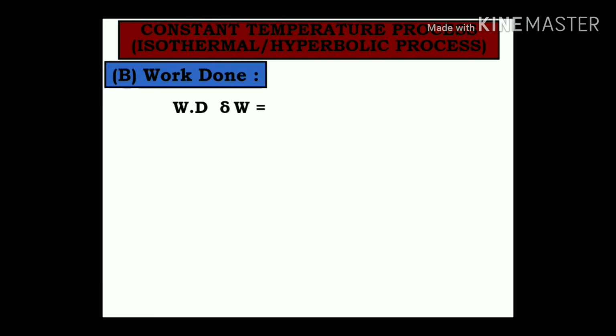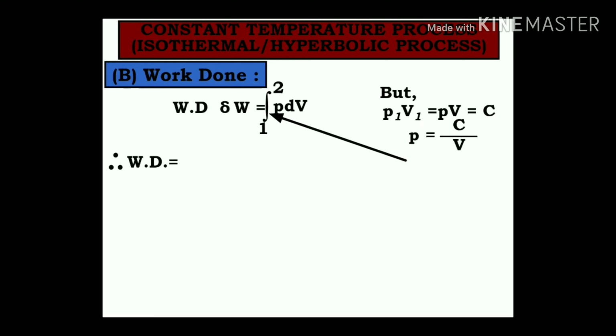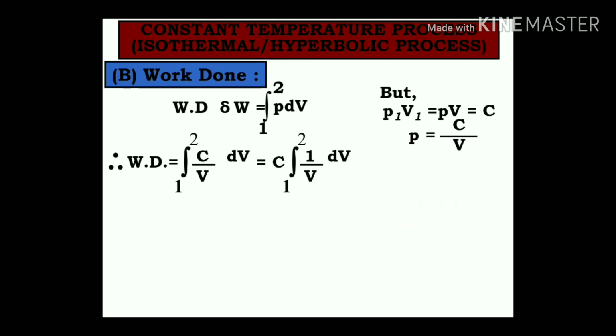Now the work done in the constant temperature process, from 1 to 2, is the integral of P dV, but P1 V1 equals PV equals constant. So P equals constant upon V. Let's put the value of P into the equation. For the 1 to 2 process, integral of C by V into dV. Then C into the integral from 1 to 2 of 1 by V dV.